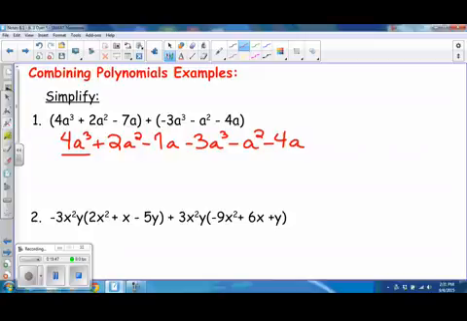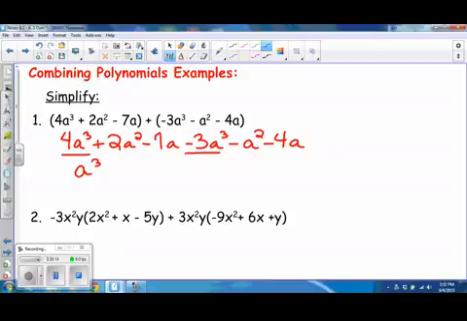Negative 3a to the third. 4a to the third and negative 3a to the third is what? 4 minus 3 is 1. Very good. So it's just a to the third.